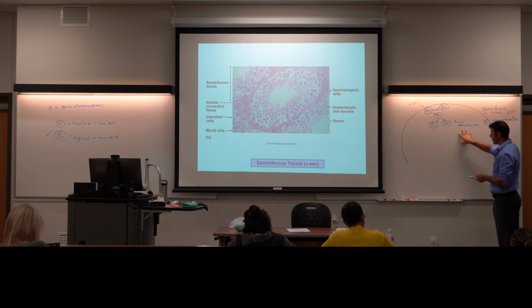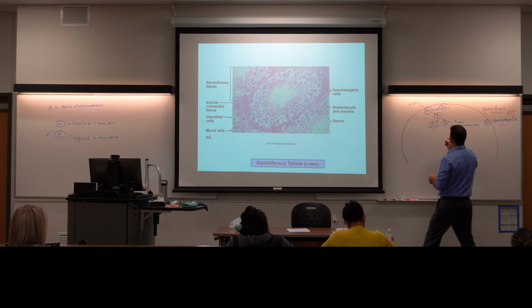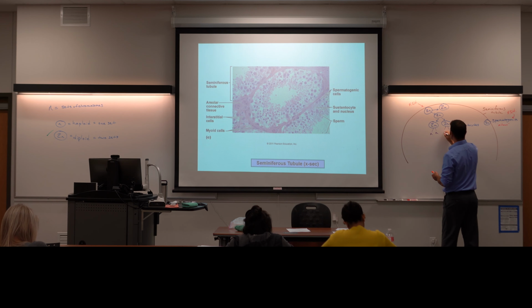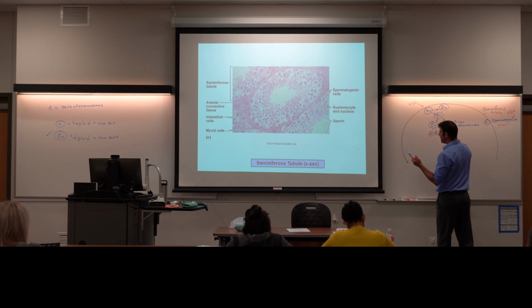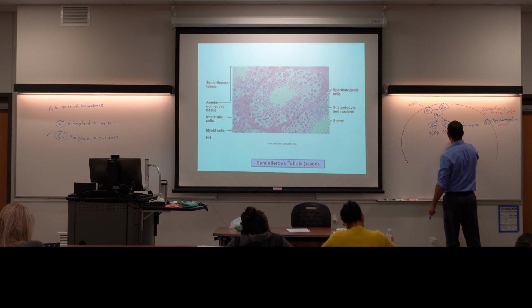But primary spermatocytes are the cells that go through meiosis. Meiosis is a process of going from diploid cells down to haploid cells. So I'll draw each one of these cells going through meiosis. This diploid cell is going to get split into haploid cells. Not that we have to know the details of meiosis, but for every one cell that goes through meiosis, it's going to produce 4 of these haploid cells.